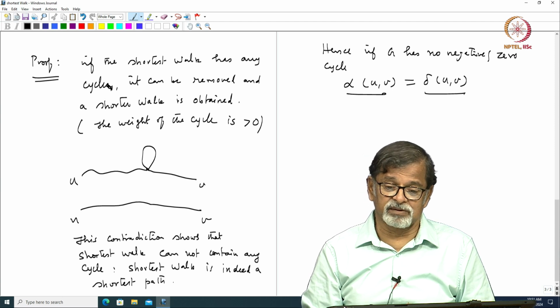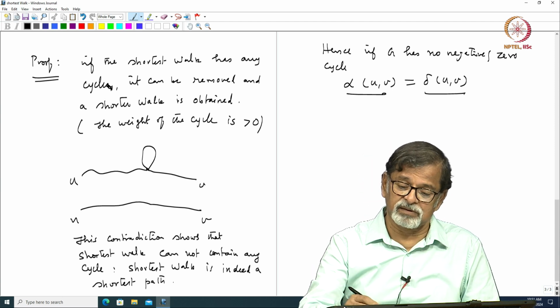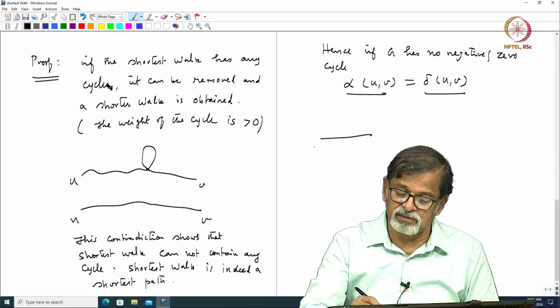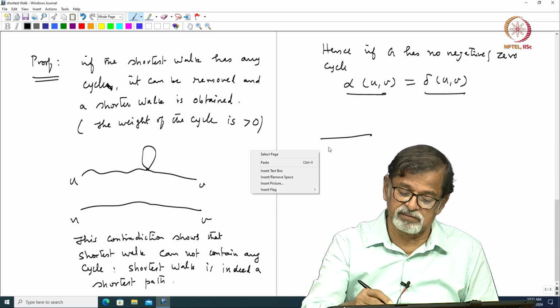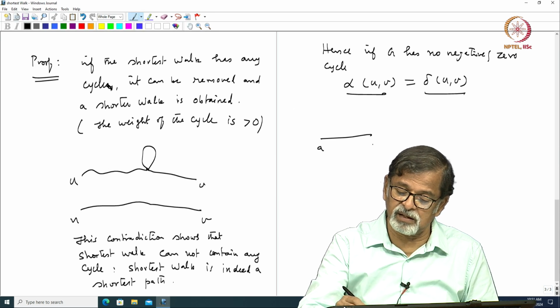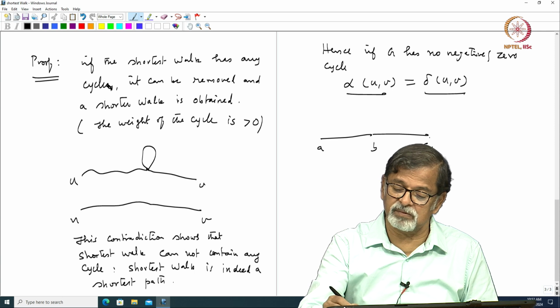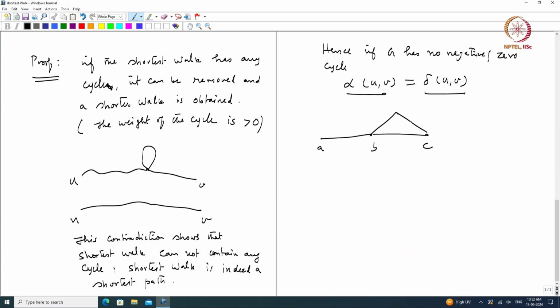For example, again take this simple example of A, with weights 5, 10, 5, minus 10.